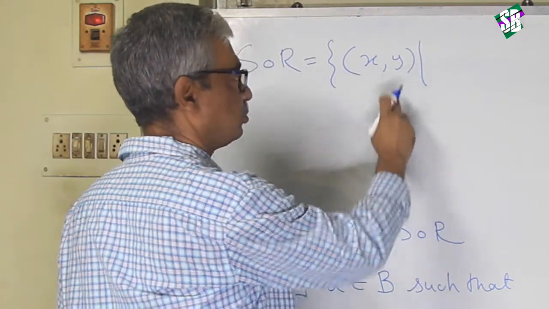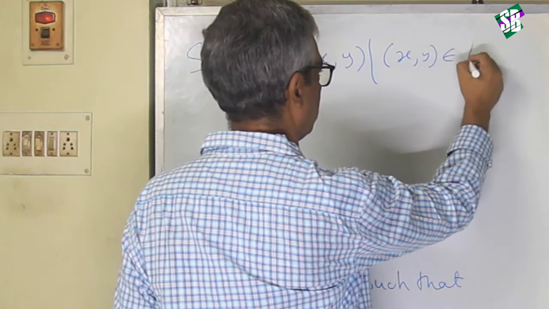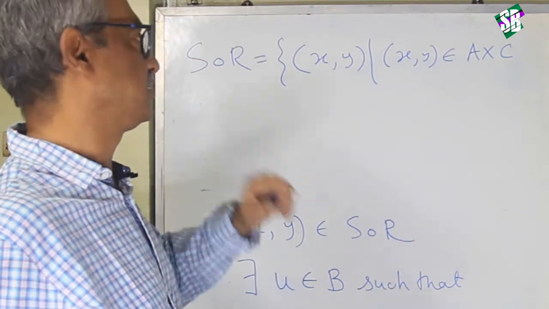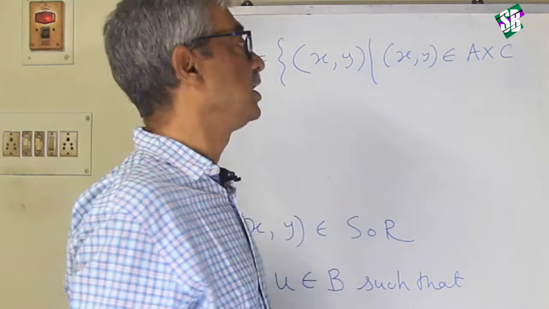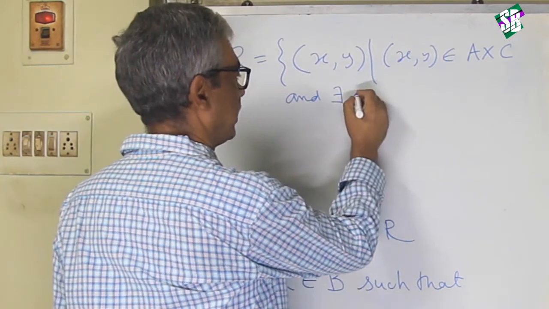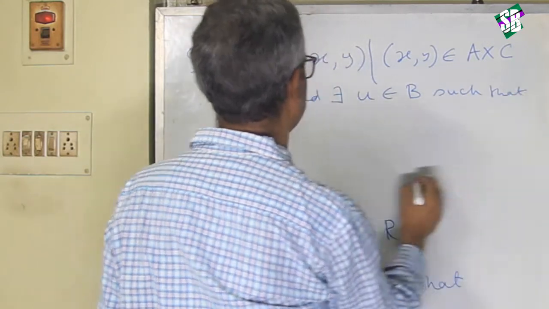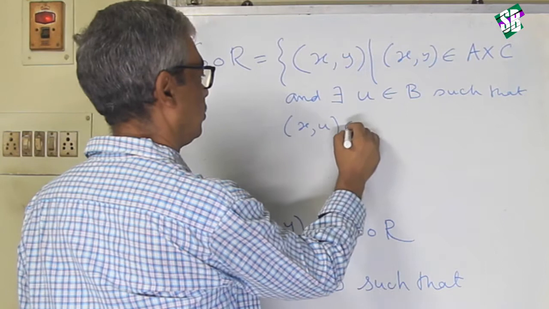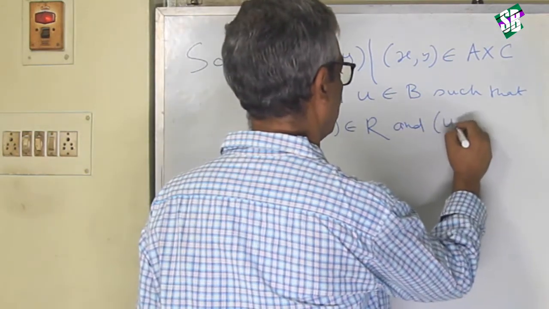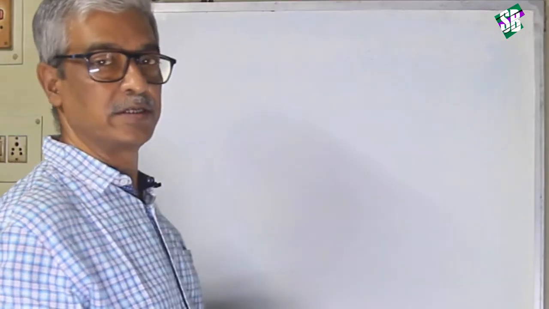And what are the conditions to be satisfied for this element? (x, y) should belong to A cross C. Remember, S o R is a relation from the set A into the set C. So (x, y) belongs to A cross C, and there exists u belongs to B such that (x, u) belongs to R and (u, y) belongs to S. Okay. Now let us take an example.